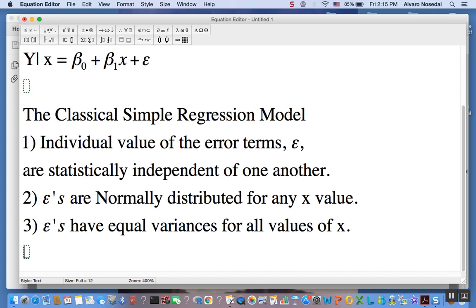In some textbooks you will find the following notation. You will read something like IID, meaning that the epsilons are independent and identically distributed. So let me introduce that notation here.